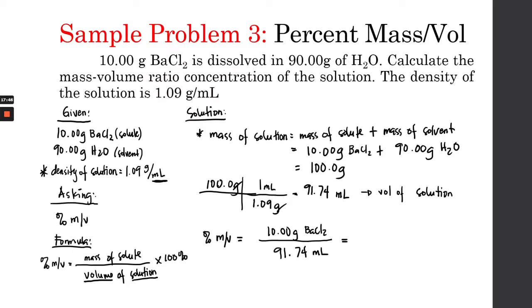Do not forget the 100% because this is percent mass. This would give us 10.90% concentration. I want you to remember this example 3 because a very similar example would show up on your second monthly test.